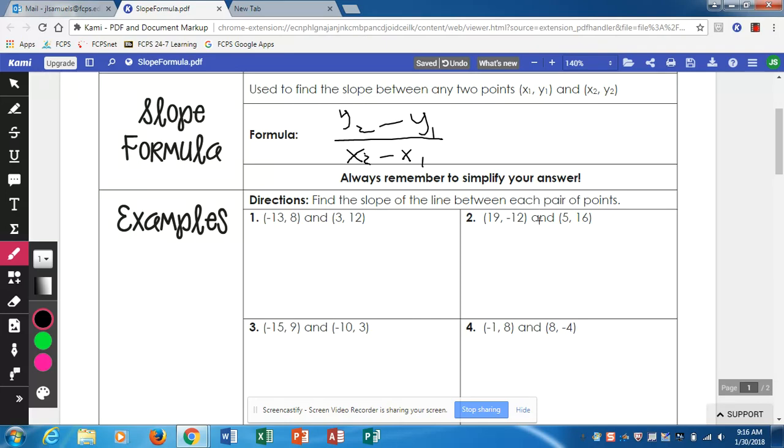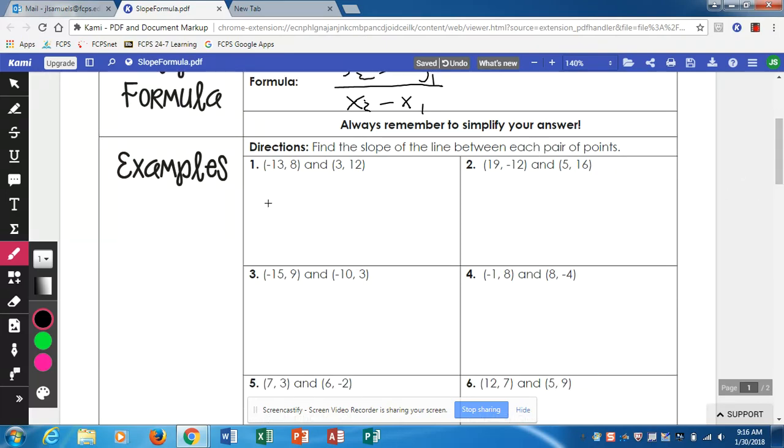Find the slope of the line between each pair of points. Okay, so let's go ahead and do this first one. It says negative 13, 8 and 3, 12. Now, first thing I like to do is I like to label my ordered pairs. So this negative 13 is x1, this 8 is y1, this 3 is x2, and this 12 is y2.